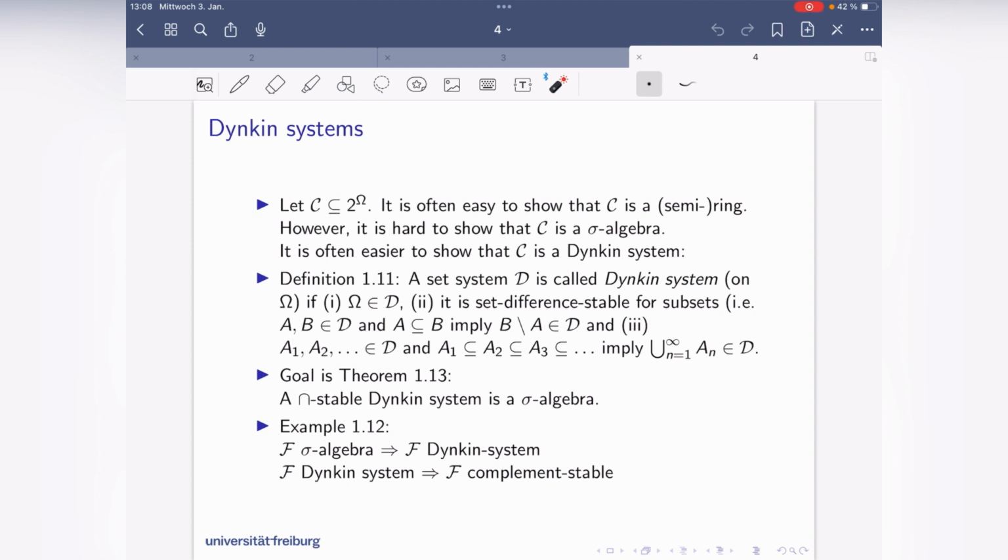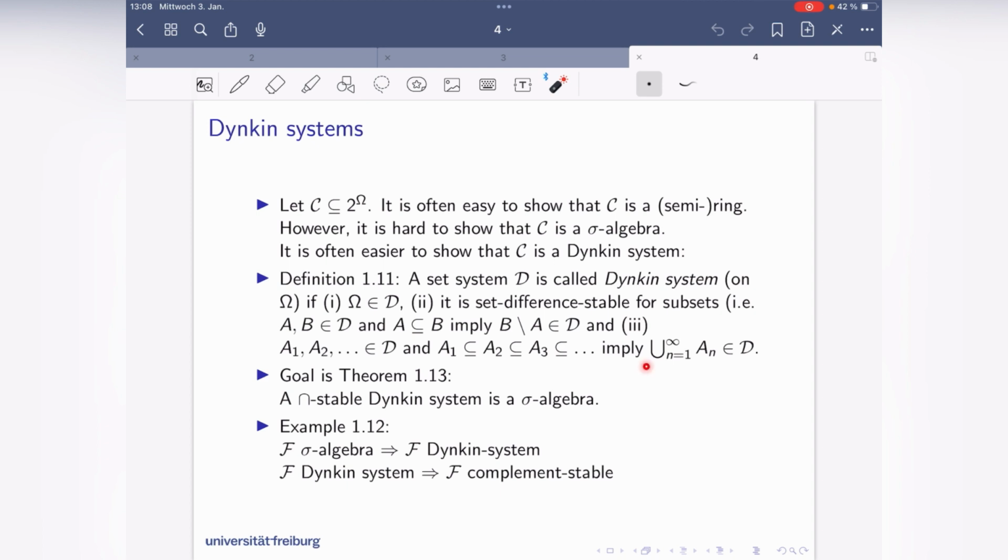So what is a Dynkin system? Why is that easier than a full sigma algebra? Okay, the full set has to be in it. It's set difference stable only for subsets. Okay, that's a bit more special. So B without A is in the Dynkin system only for A part of B, which is maybe not a huge restriction.